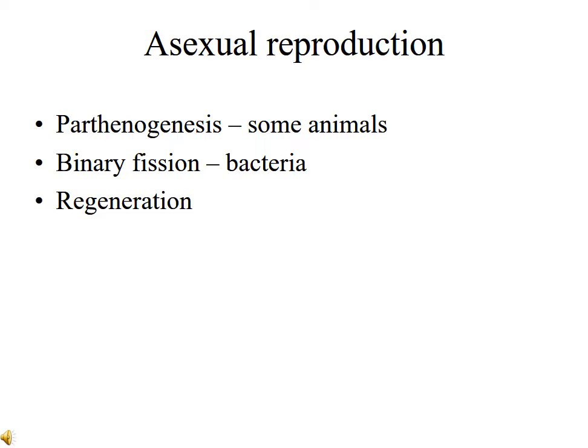In binary fission, which takes place in bacteria, an organism simply divides itself in two. And in regeneration, an organism is able to basically reform a given appendage or even a completely new organism.